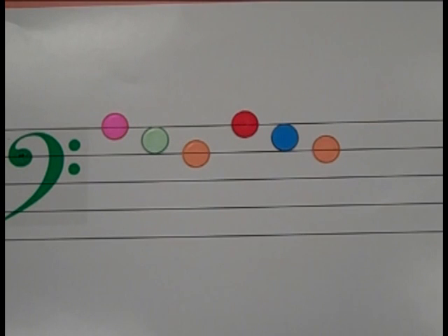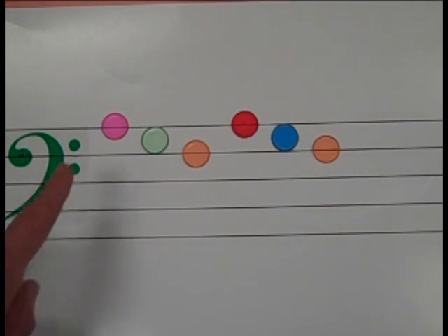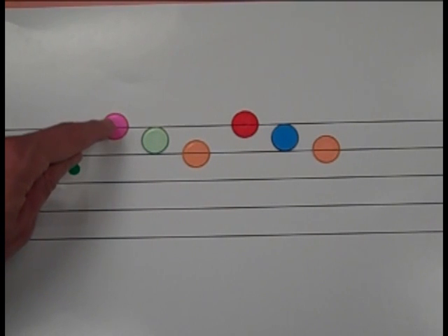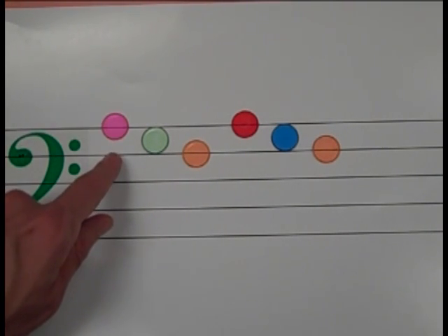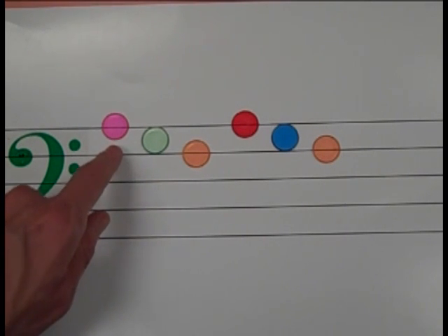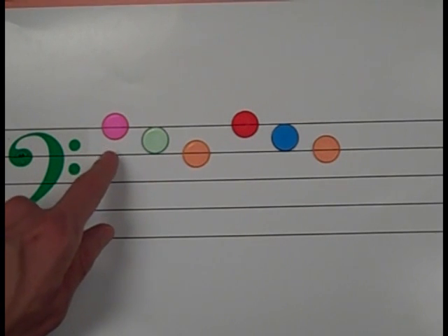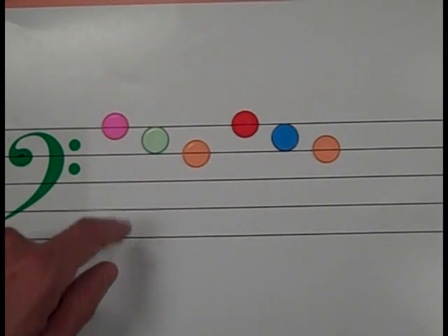Okay, let's say the steps, skips, and repeats for this pattern. This note doesn't start on the F line. Can you figure out what note this is? If you said A, you're correct. It's 2 steps above the F line, or a skip above F, which is A.